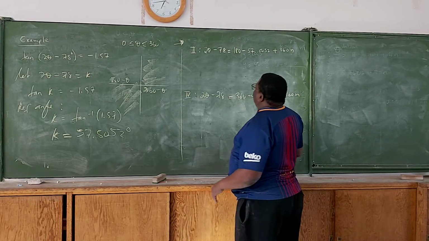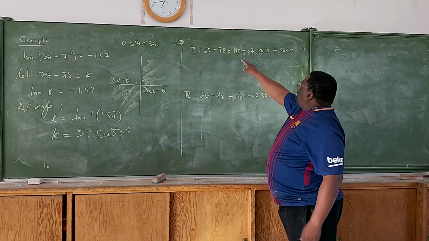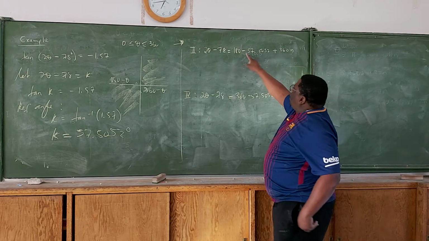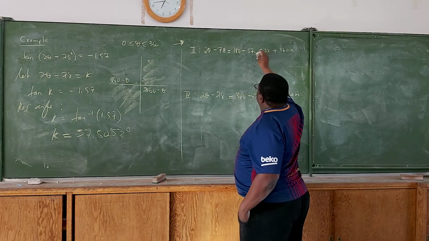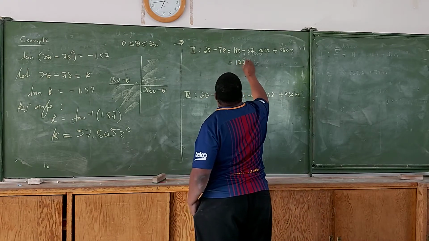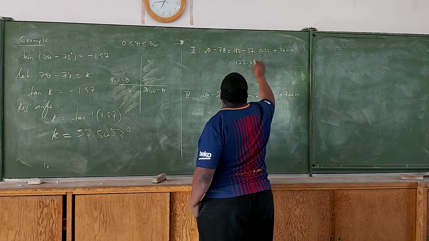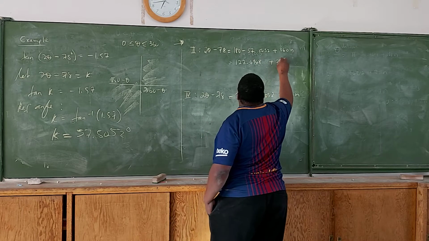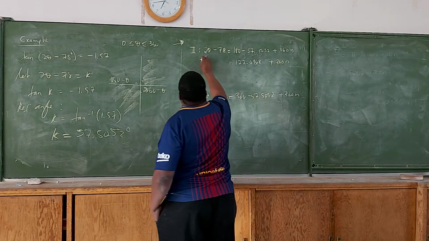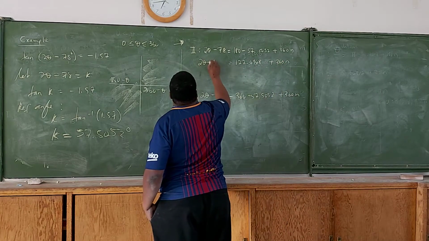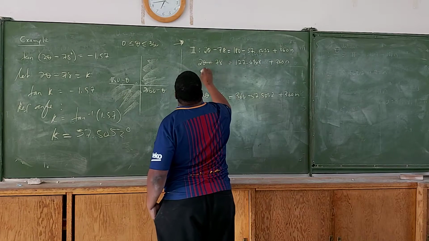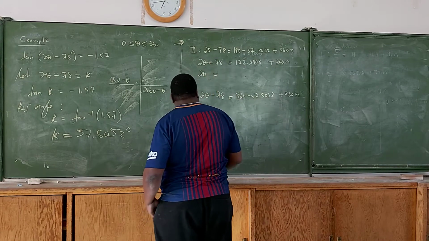That's theta. Let's simplify this part first. What is 180 minus that? 122.4948 plus 360n. Then what I want you to do is add 78 to both sides.